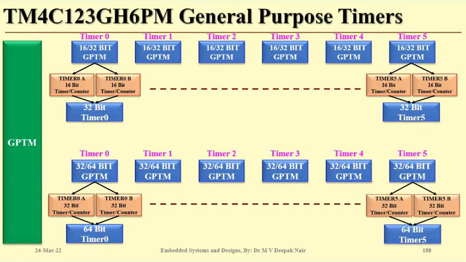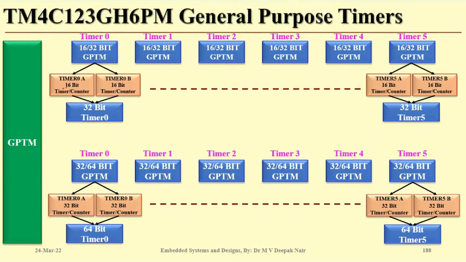Okay, similarly, you have timer number 5. So you have timer 5A, timer 5B. Individually, you can make it 32-bit, or if you combine, you can go up to 64-bit, which is a very big number anyway. So the first thing that we have to understand is that there are 12 timers in short, which are timer 0, timer 1, timer 2, timer 3 to timer 5.